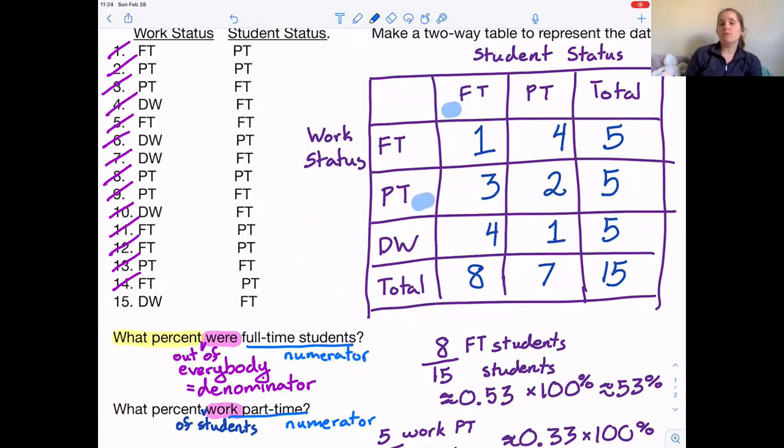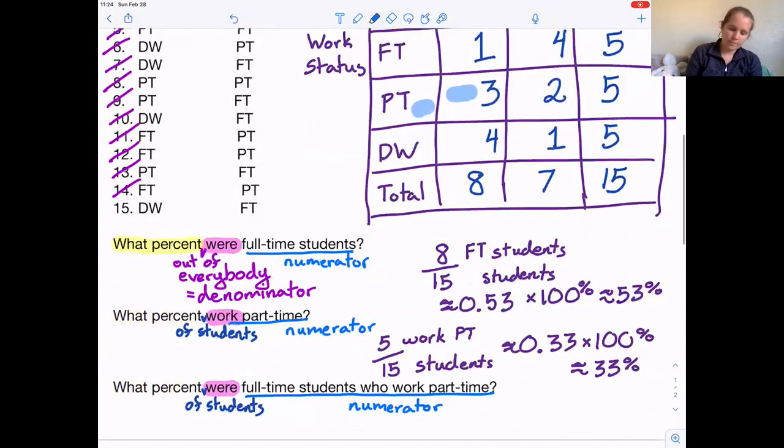So the only ones who were full-time students and worked part-time is this number 3, part-time workers, full-time students. We are still looking out of the overall total.